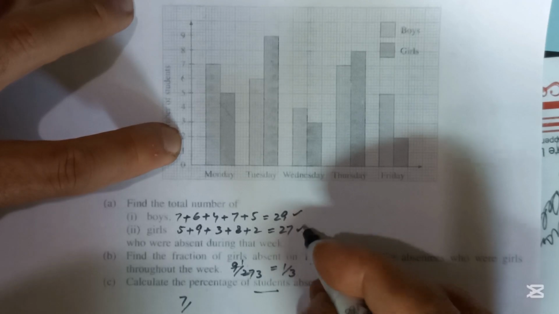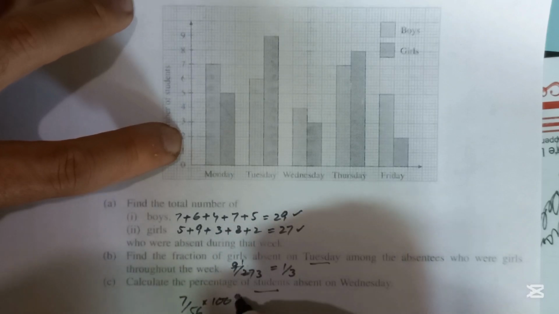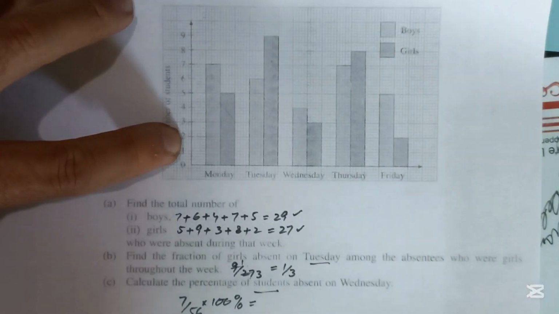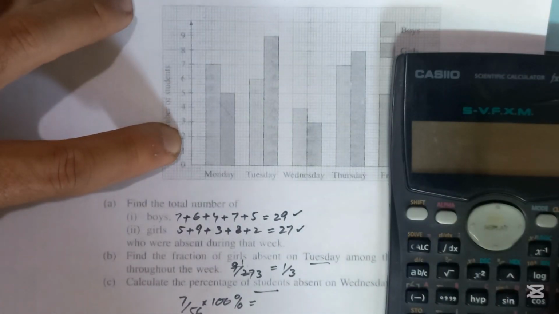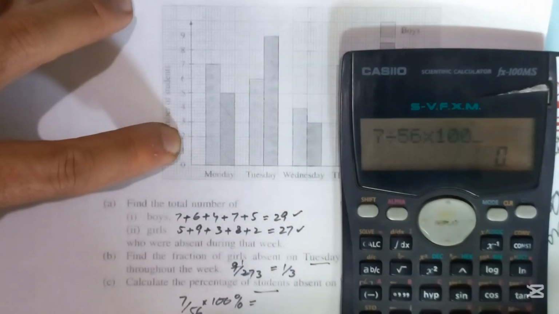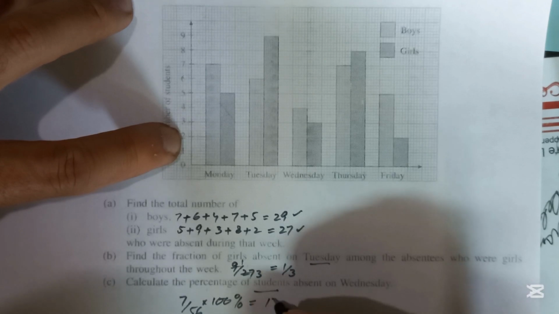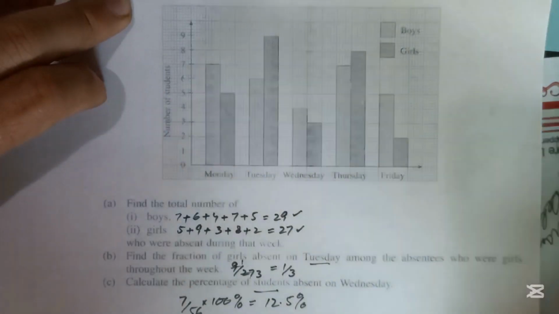Because this plus this will make total students, so 56 multiplied by 100%. Now solve it on the calculator. 7 by 56 multiplied by 100%. So the answer is 12.5. So this is the percentage of the students absent on Wednesday.